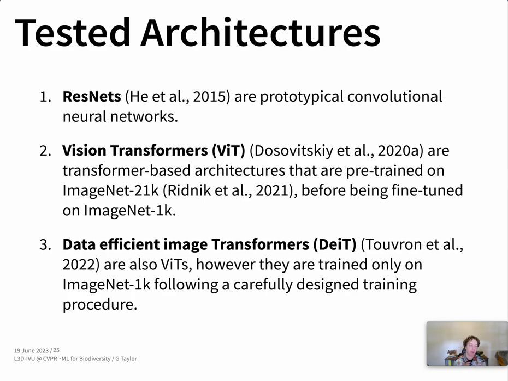But subsequently, the data efficient image transformer paper has shown these are also ViTs, but they trained only on ImageNet 1K using a very carefully designed training procedure, various enhancements to the training paradigm used in the standard ViT model, and have shown that you can actually get CNN-like performance, or even exceed that a bit, without needing to change the training data set.